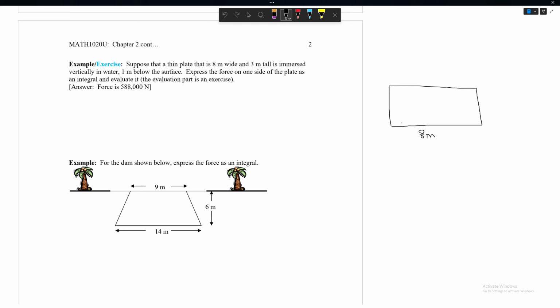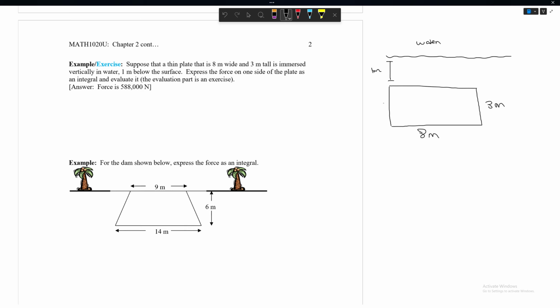And it says it is immersed vertically in water 1 meter below the surface. So this is the surface, and this is going to be water, right? And we know it's under the water by 1 meter. Express the force on the side of the plate as an integral and evaluate it.